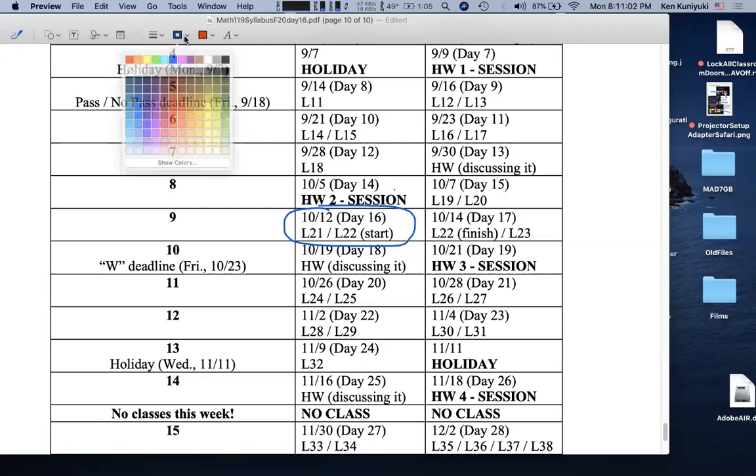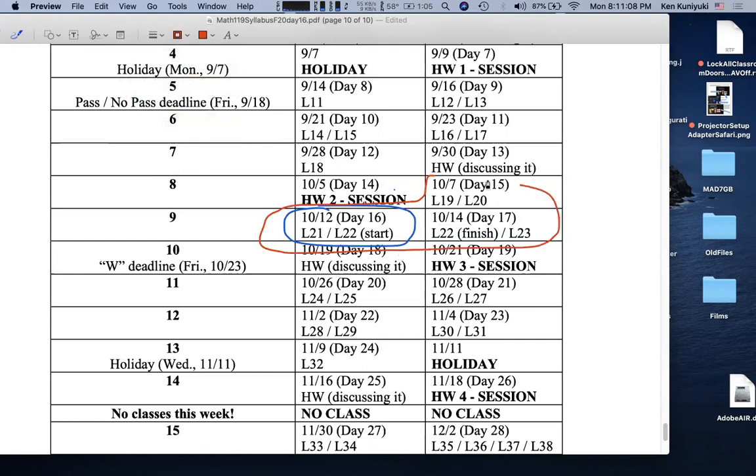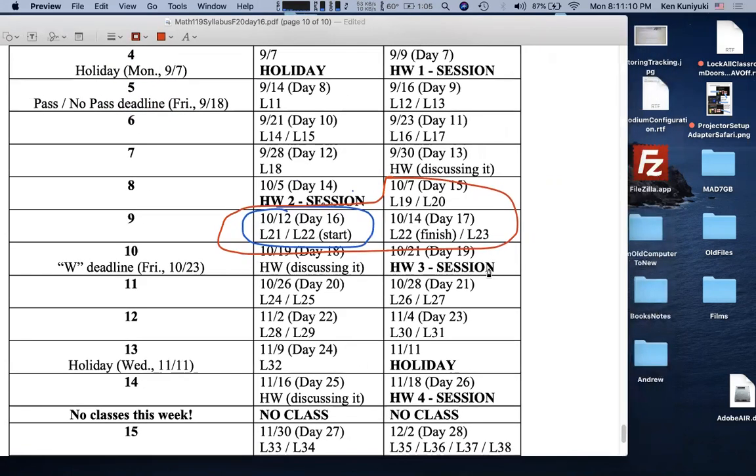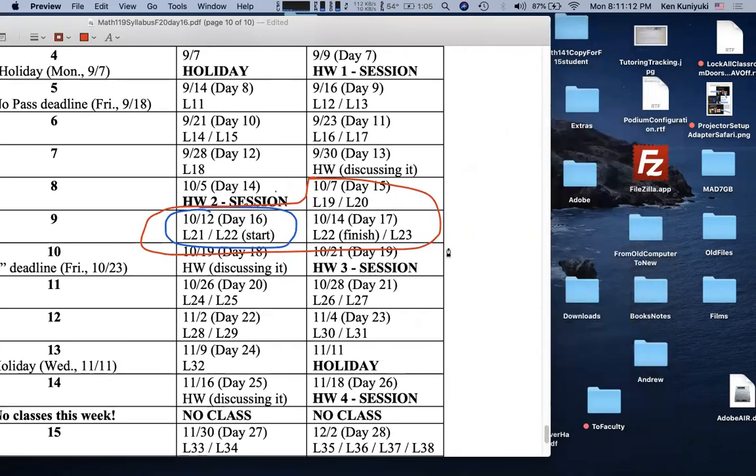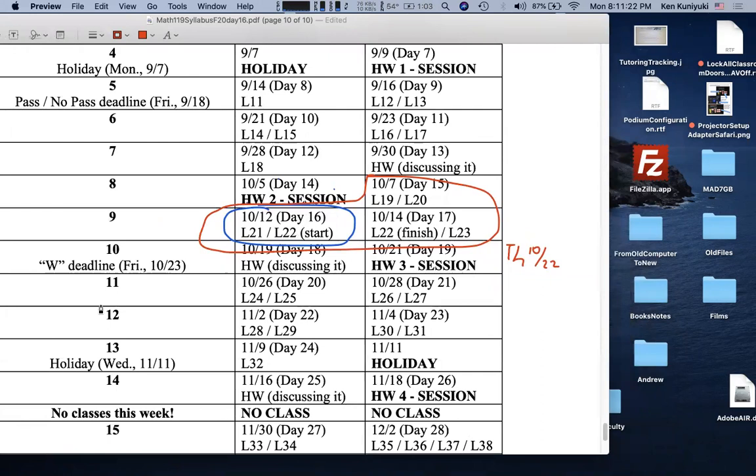Now remember that all of this third homework assignment from lessons 19 through 23 is going to be due Thursday of next week, which is Thursday, October 22nd. Also, next week, Friday, is the withdrawal deadline, Friday, October 23rd.